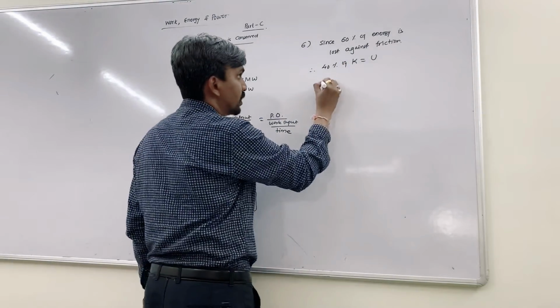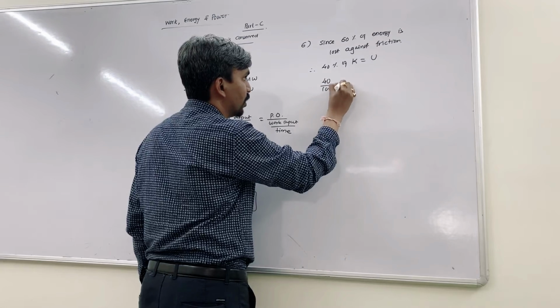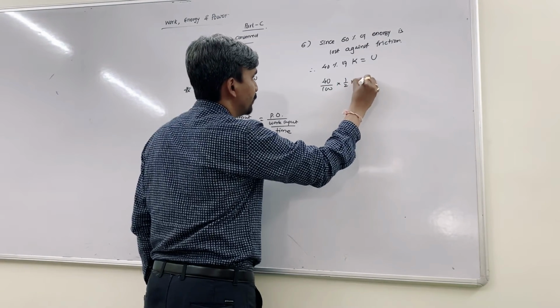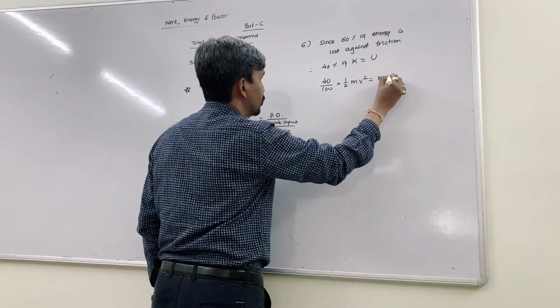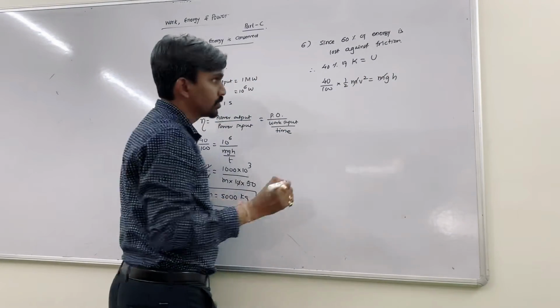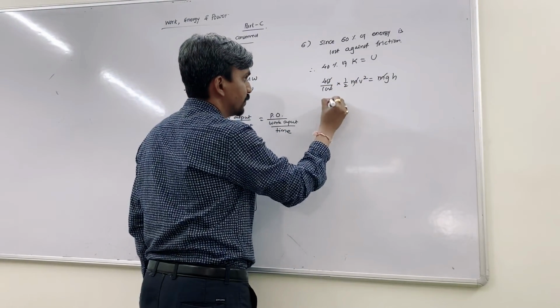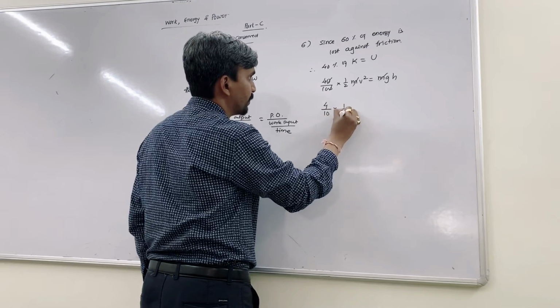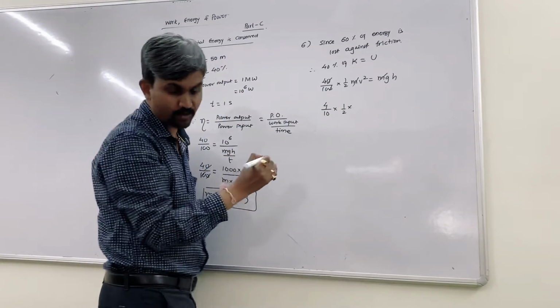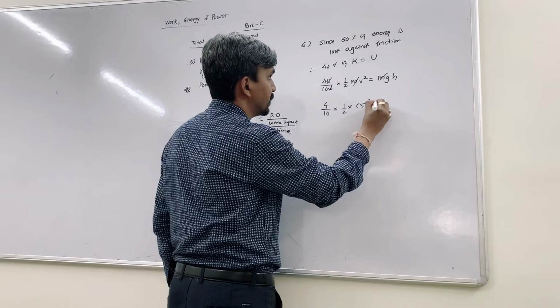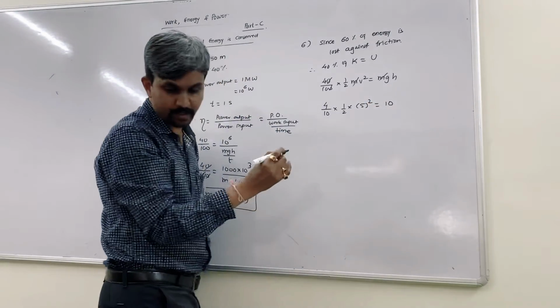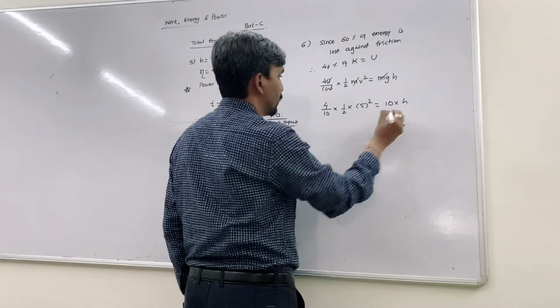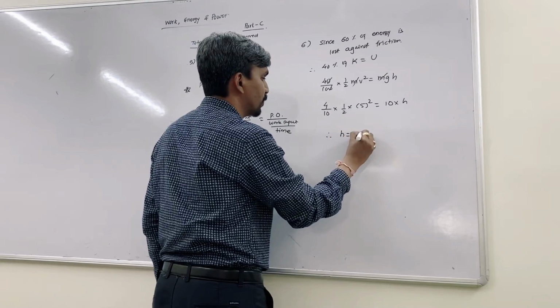So it is 40 by 100 of half mv square is equal to mgh. m cancels. So this is 4 by 10 into half into v square, which is given as 5 square, right? Is equal to g value 10, h value they want, h. So if you solve, this comes out to be 0.5 meter.